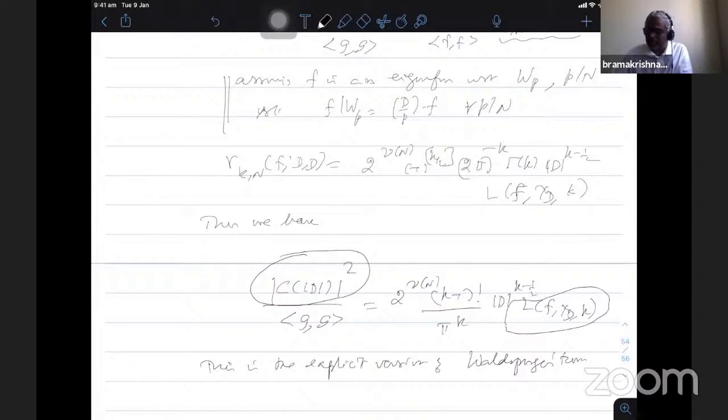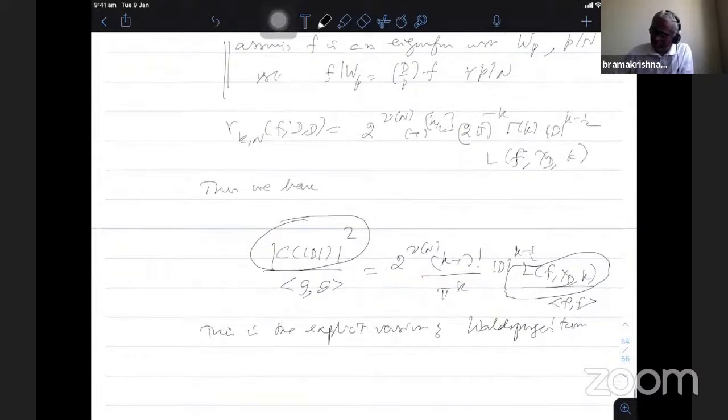That means the square of this coefficient is proportional to the special value of the L function, where the constant involves this inner product of f. So this constant involves parameters depending on k, the coefficient parameter d, and n also plays a role. The nu n is the number of distinct prime factors of n.